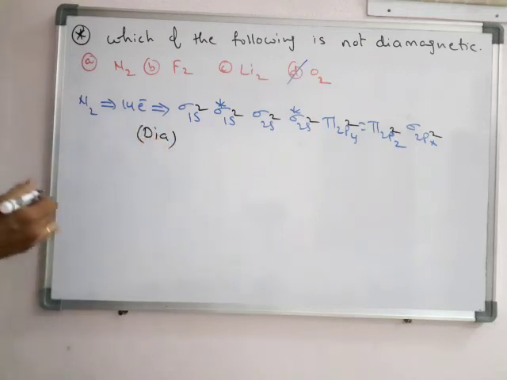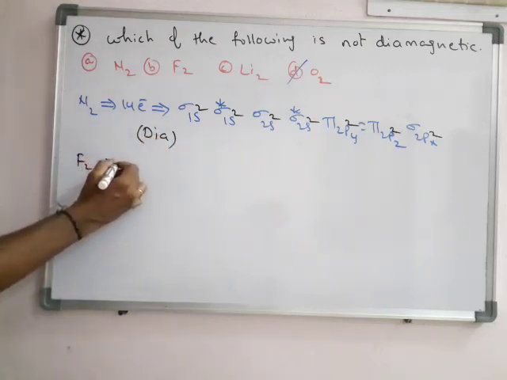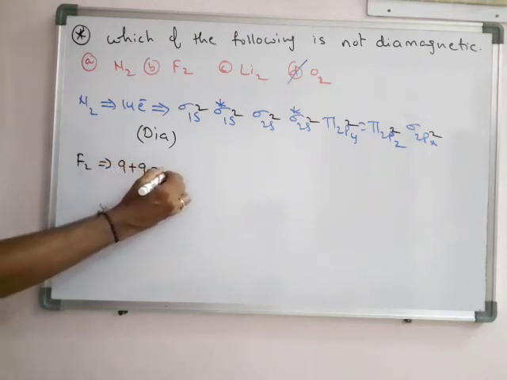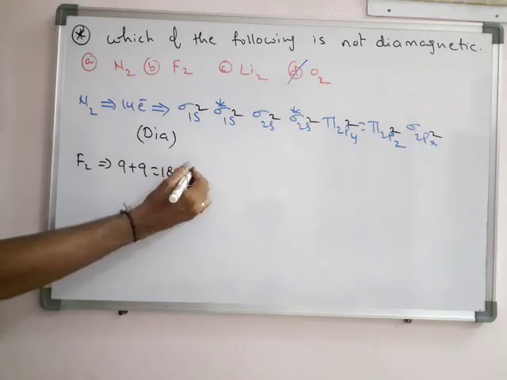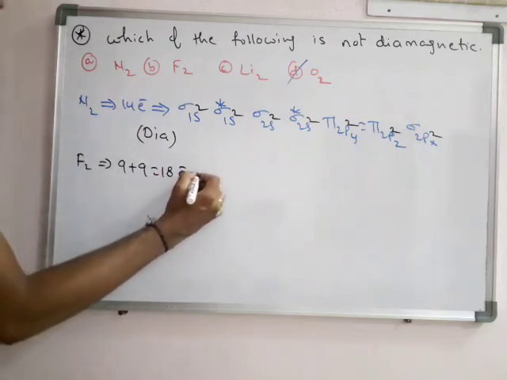If you remember, you can do it directly. Now F2: the number of electrons is 9 plus 9, a total of 18 electrons. What is the configuration?